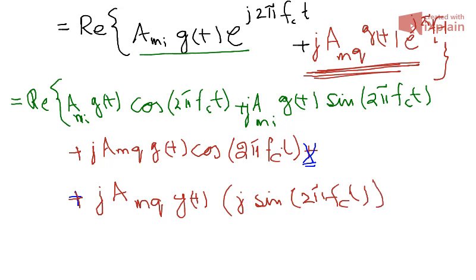So now what we did, we just applied this e raised to power j 2 pi f c t as the cos of 2 pi f c t plus j sine of 2 pi f c t.